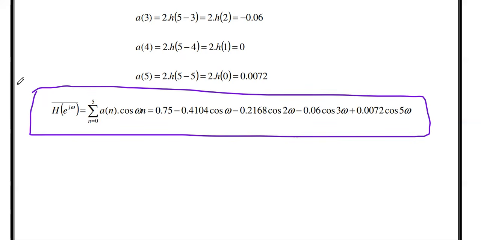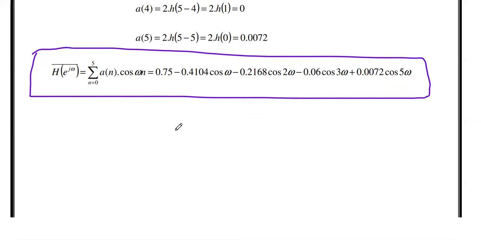So this is the frequency response of our given filter using the Hamming window.